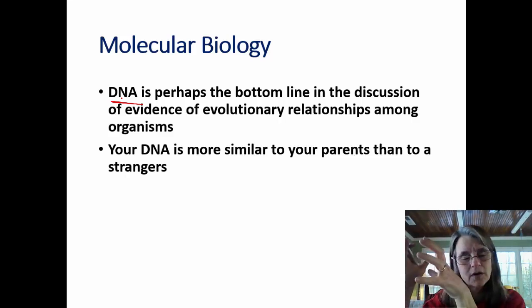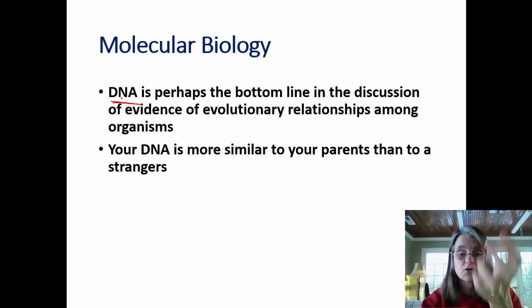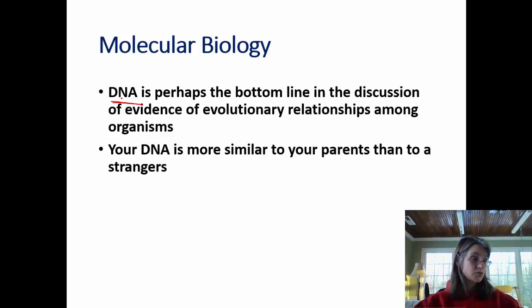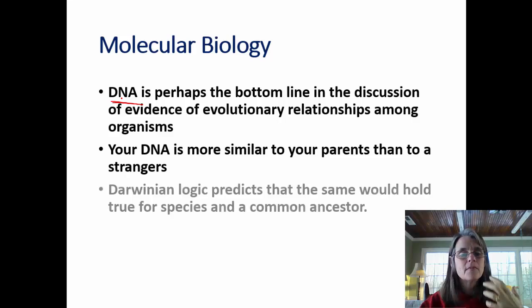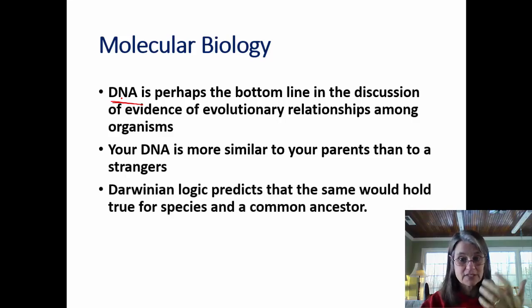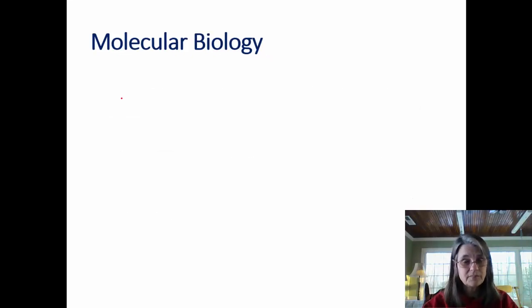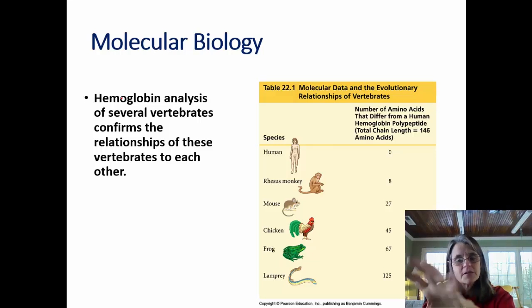Just as your individual DNA is more similar to your parents than it is to a stranger or even to your cousin or whatever, Darwinian logic predicts the same thing would hold true for different species and a common ancestor. Okay, so some more concrete evidence here.